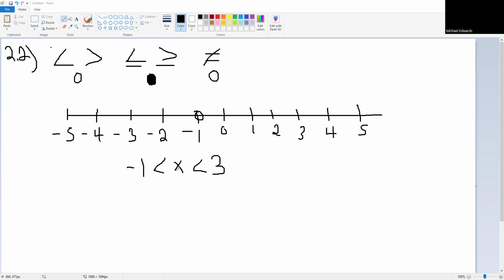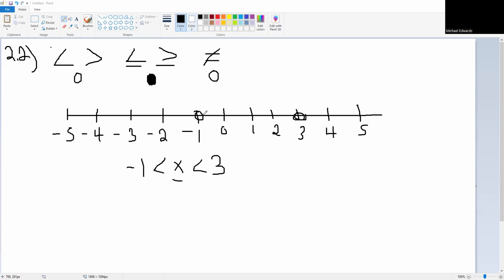All right, so -1, and then we have x, and then 3. So we have an open dot on 3. Now, where do the arrows go? Or are there arrows? Well, this is a bounded interval, which means x only exists between -1 and 3.